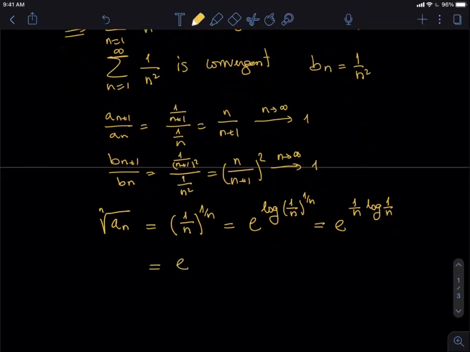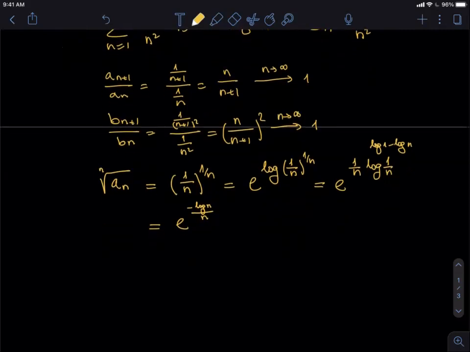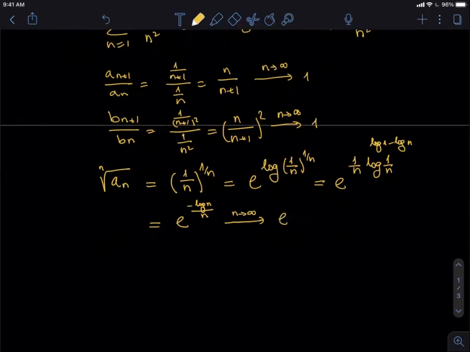You can write this down carefully: 1 over n times the logarithm of 1 minus the logarithm of n. So we get minus log n over n. And here you can use L'Hopital or just realize that the logarithm grows slower than any power. So the limit as n tends to infinity of log n over n is going to be equal to 0. Okay, so this is the exponential of 0, which is 1.